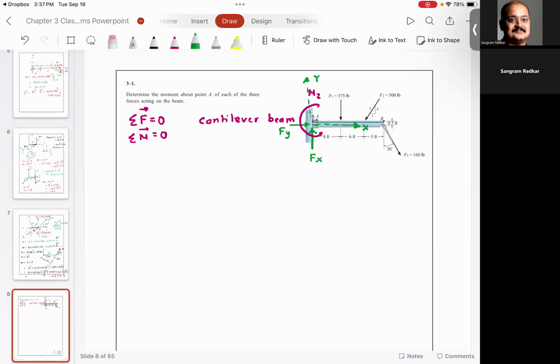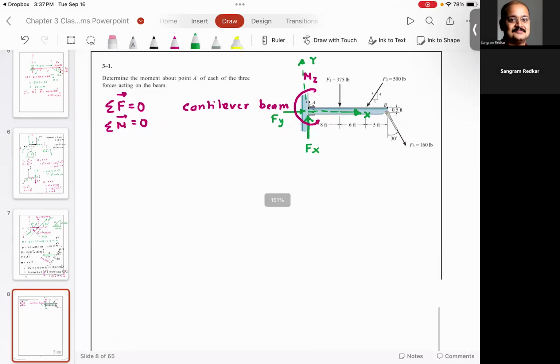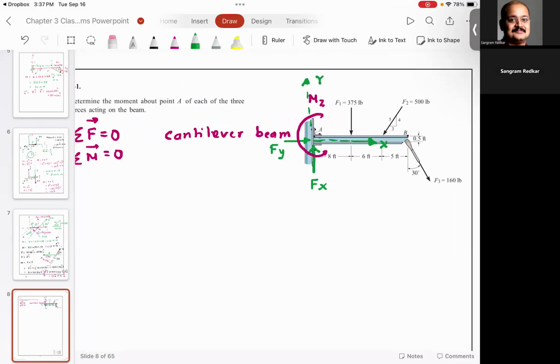But before you start, first and foremost, you notice you have one force F1 that is perpendicular, but you have force F2 which is at an angle, and you have another force which is again at an angle. Do you agree with me?